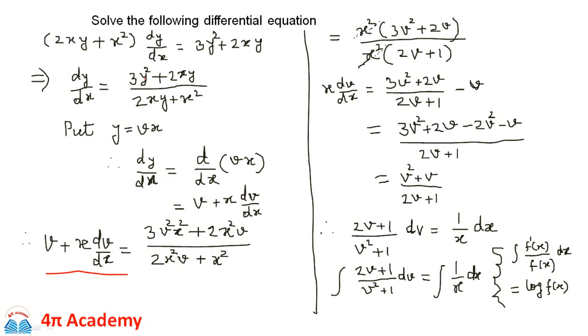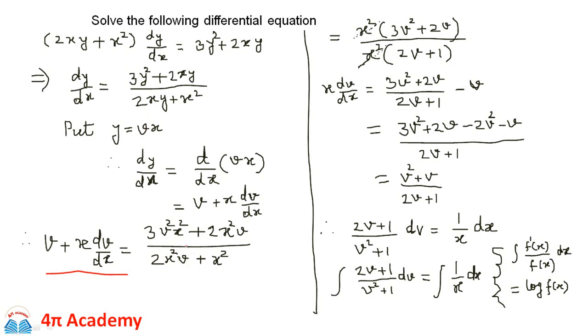This is equal to 3y square. Now here we put the value of y as v into x. So that will be 3 times, y is v into x, so it will be v square x square, plus 2 times x into y, which is v into x into x, so that will be x square, divided by 2 times x into y, y is vx, so it is v into x square, so that will be 2x square v plus x square.